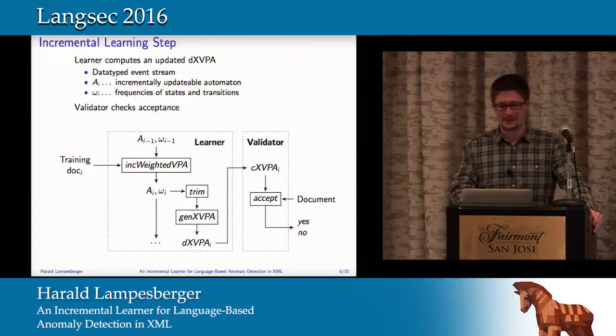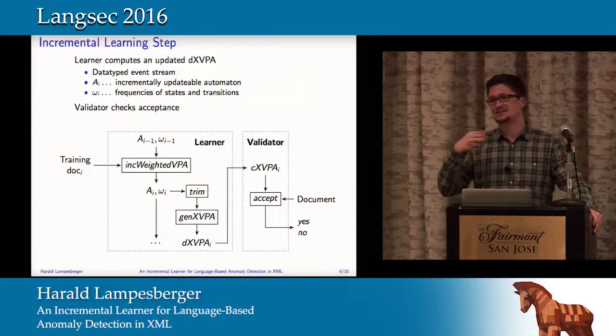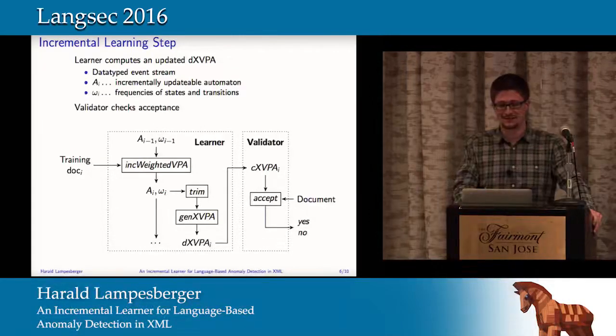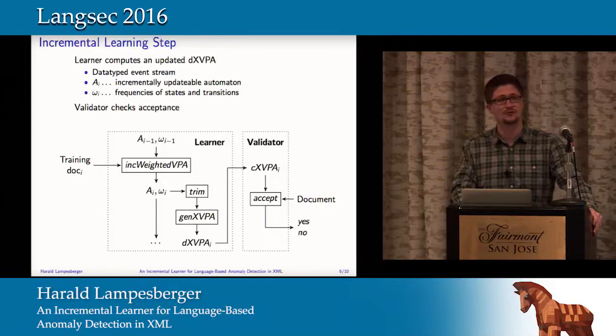The learner receives a data typed event stream. This means an event stream where the character data is already replaced by the minimally required data types to model these texts. There are two internal representations, the A and the omega. The A is an incrementally updatable pushdown automaton, and the omega are frequencies of states and transitions learned from data.